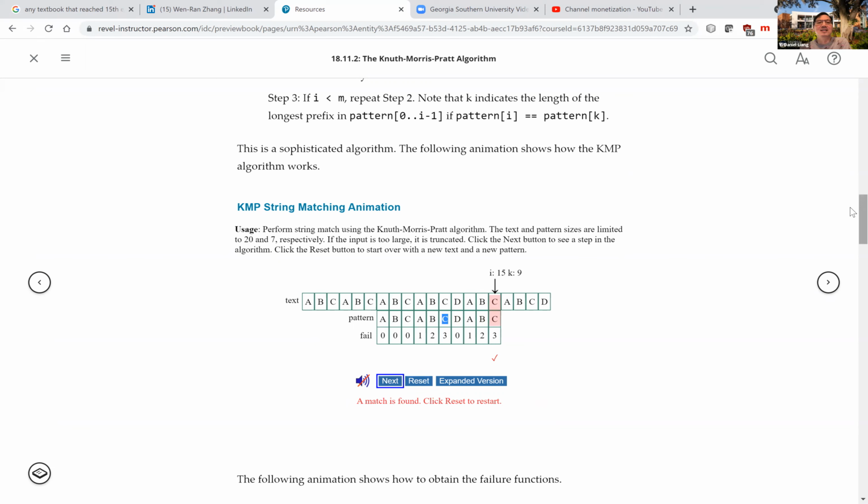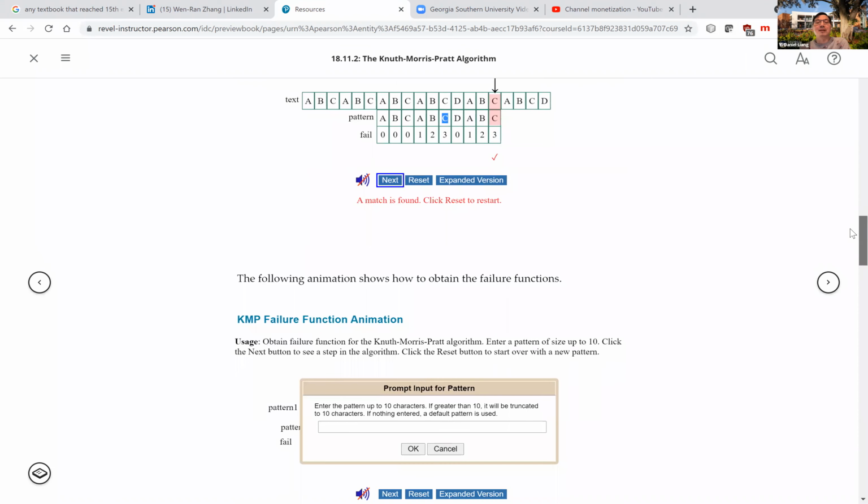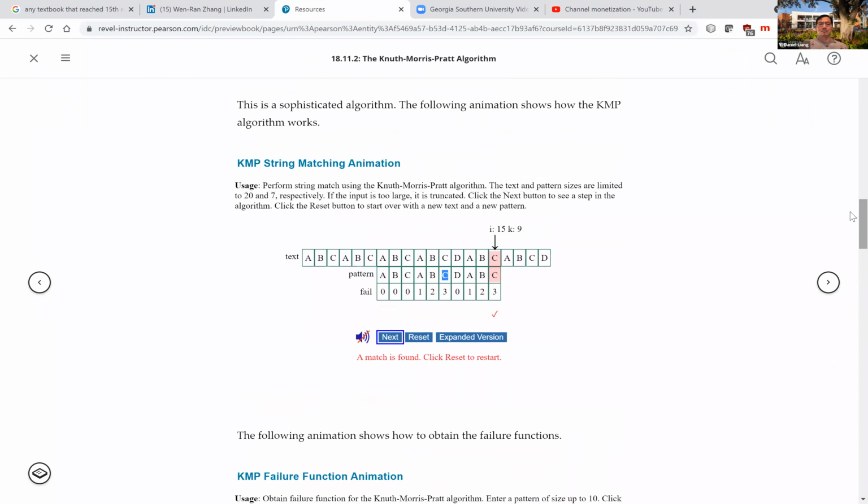So this is the KMP algorithm. It is very efficient because for every comparison, you either shift one position on the text, or move one position on the pattern.